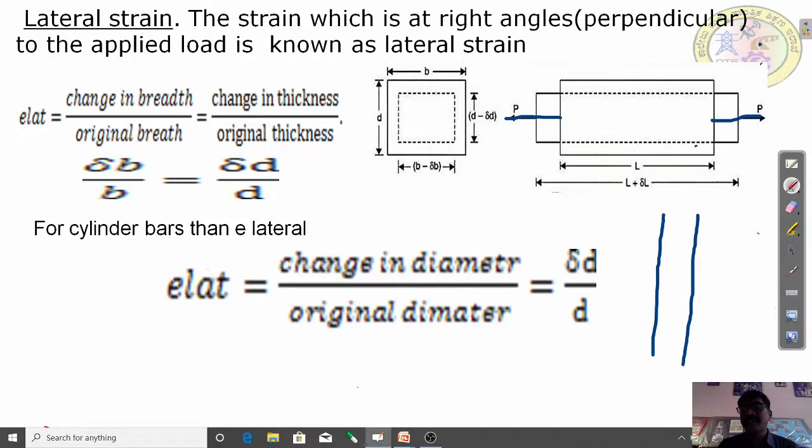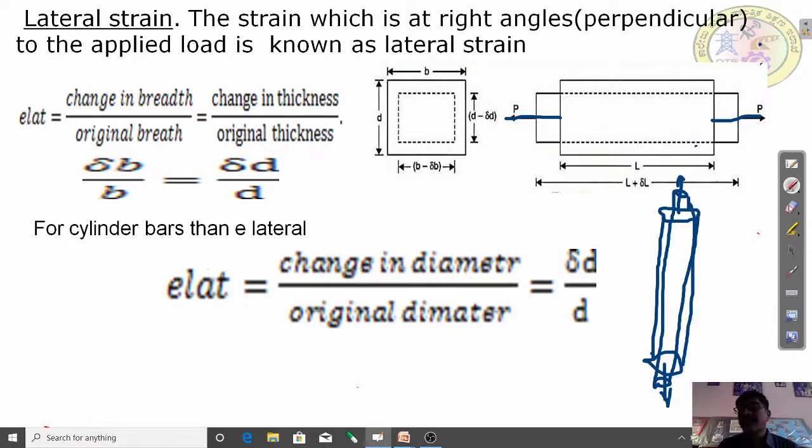then what happens? When you apply a tensile load P, you can see that its diameter reduces and its length increases.